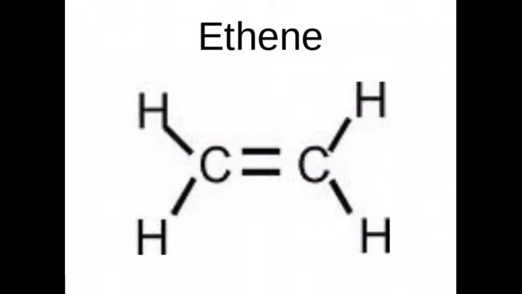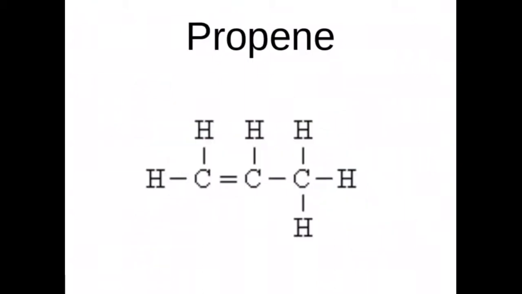C2H4. What is the name of the next member of the alkene family? What is the formula for the next member of the alkene family? Propene is the next member of the alkene family. Prop, which is the prefix for 3, ene meaning that it is an alkene.